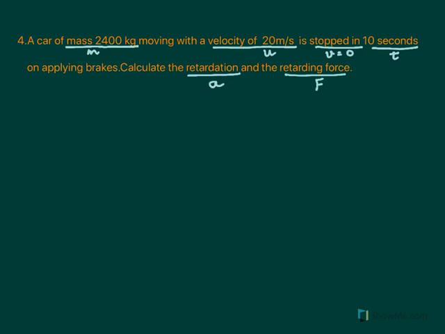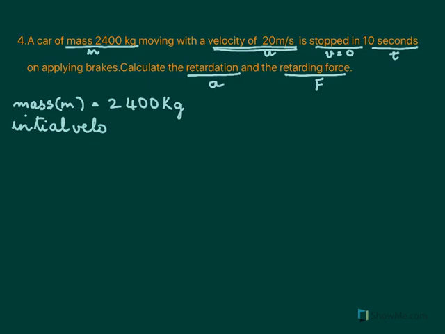So let's write down our information. So the mass of this car, which we'll say m, is 2400 kg. Moving with velocity 20 meters per second, which means initial velocity is equal to 20 meter per second.